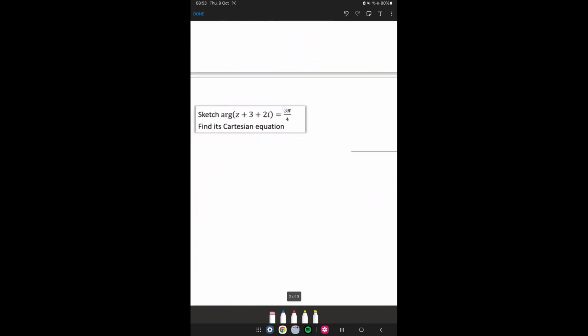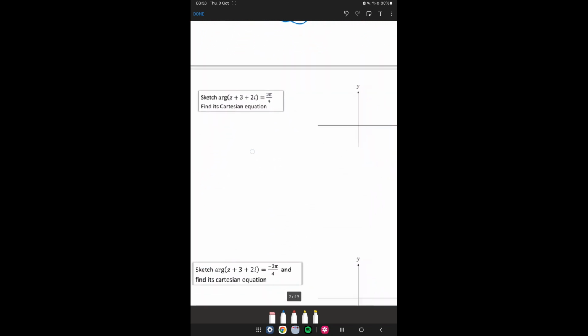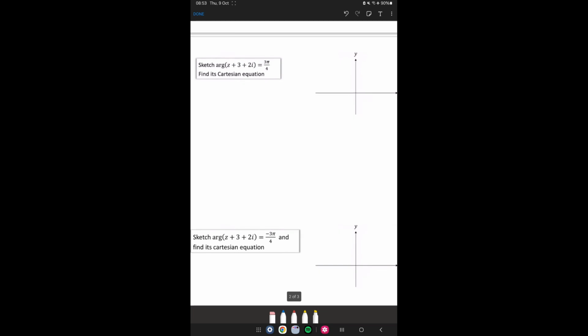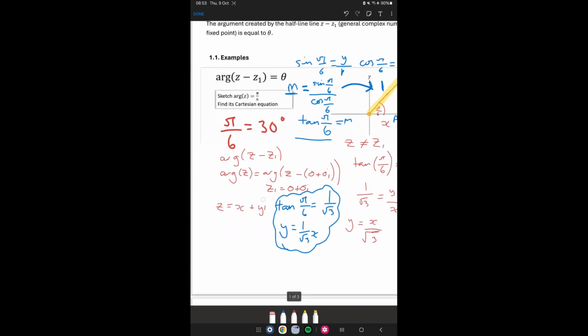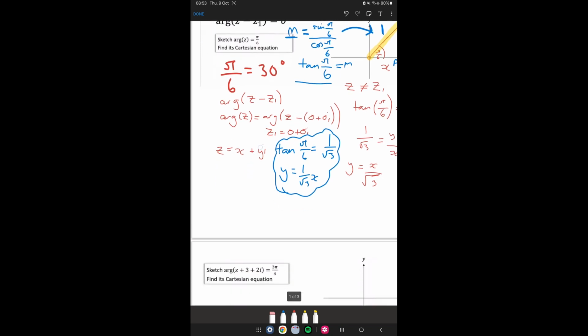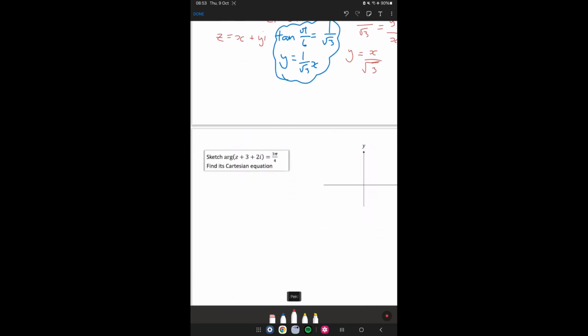Right, we'll have a look at another example now. So we want to sketch the argument of this thing equal to 3 pi over 4. So when we think about the argument, remember, that's our definition, arg of z minus z1 is theta. I would always start with that, because it's important that we can define what z1 is.